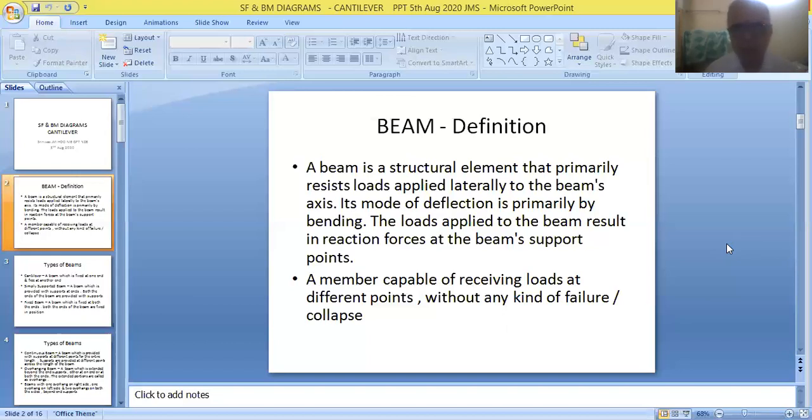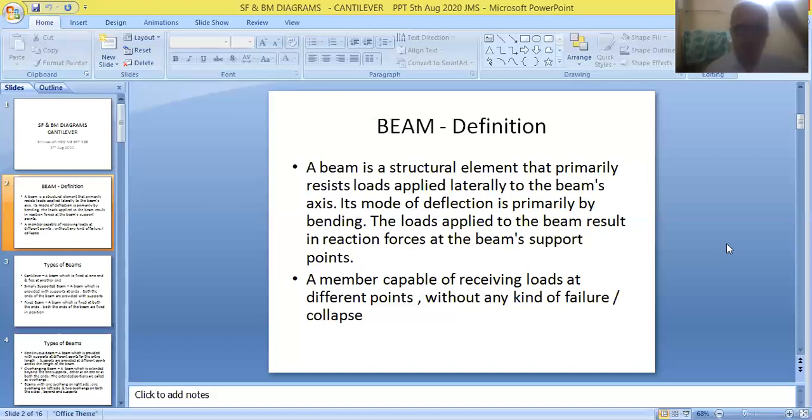So this definition is given in this second slide. It is defined as, any beam is a structural element which has capacity to resist loads applied laterally to the axis of the beam.